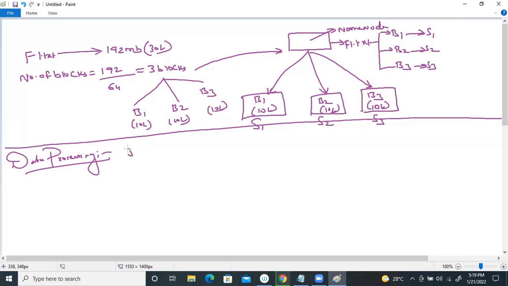The job is to process f1.txt, right? Into how many tasks? A job always divides into a number of tasks. Into how many tasks depends on the number of unique blocks.